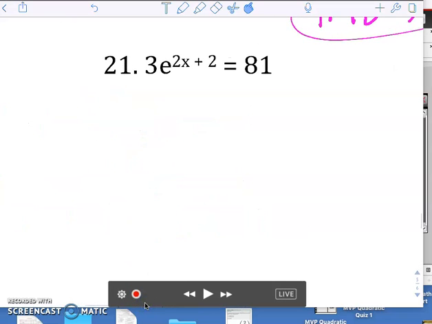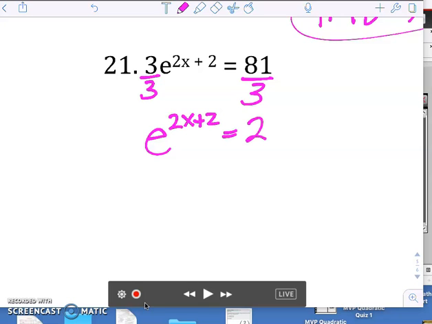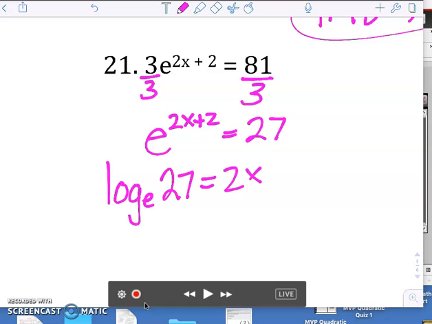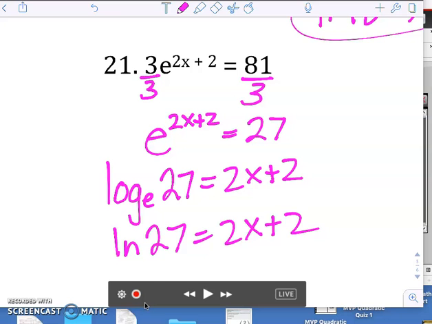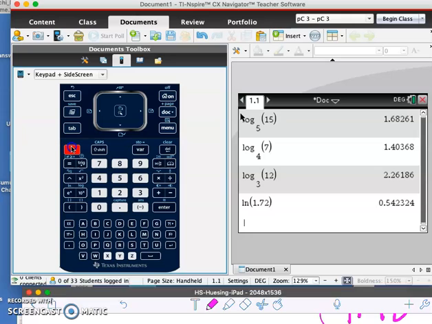Number 21, another e, but we have to get that base by itself. So e to the 2x plus 2 equals 27. So log base e of 27 equals 2x plus 2. So the natural log of 27 equals 2x plus 2. So let's see, what is the natural log of 27?